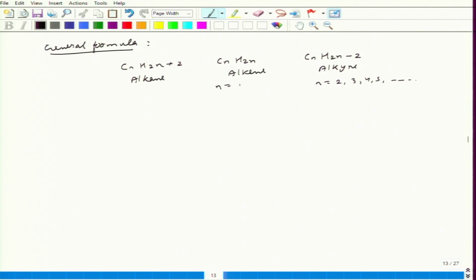It starts from 2 for alkynes, because there should be at least one carbon-carbon triple bond, whereas alkanes can start from 1. So this is the basic formula and structure of the alkynes. These are the first members we can list.